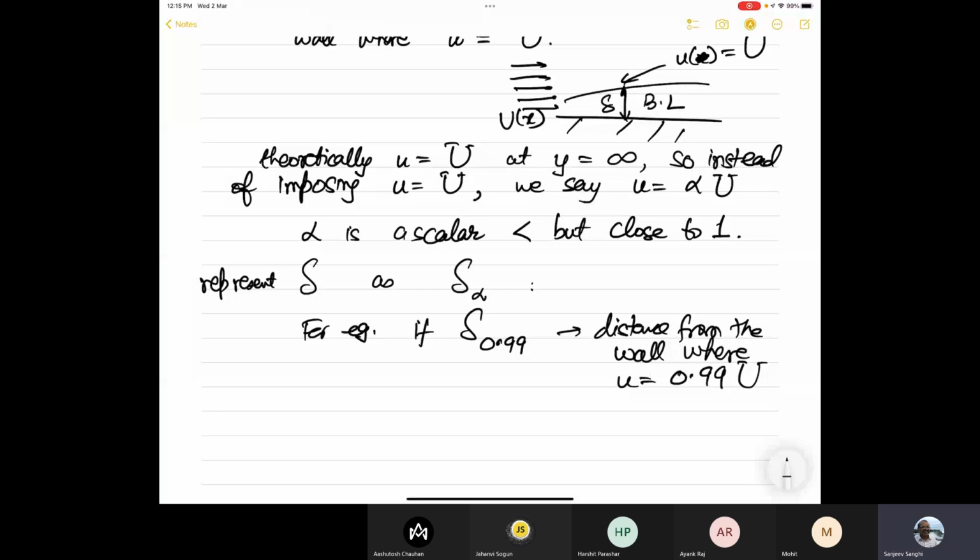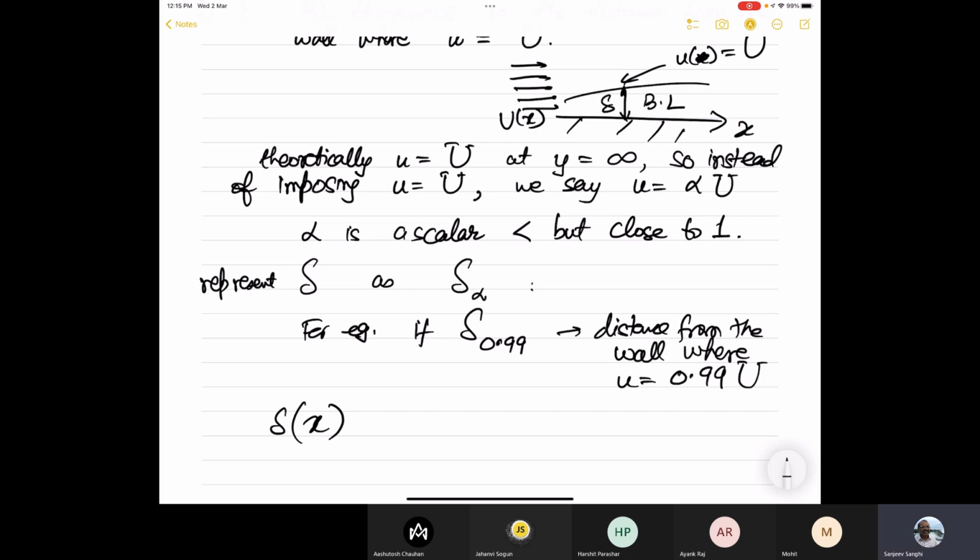So what I was saying was, for example, if you say alpha is 0.99, then delta 0.99 will be the distance from the wall where small u is equal to 0.99 times capital U. Of course, since the boundary layer is thin, this delta will not be a very big quantity, but one thing we have to keep in mind is delta will be a function of x.